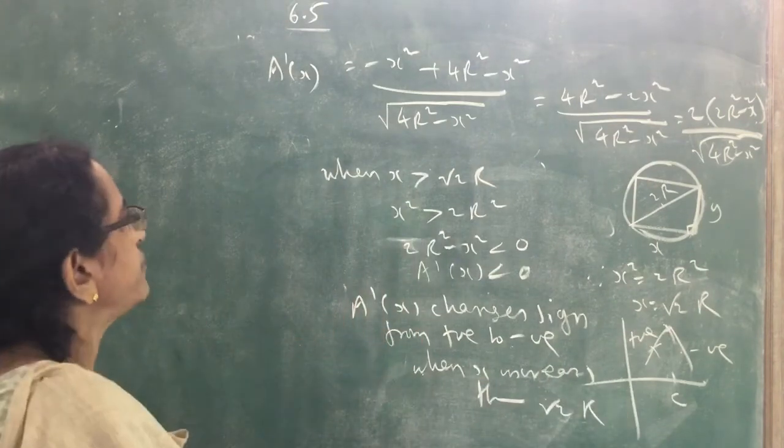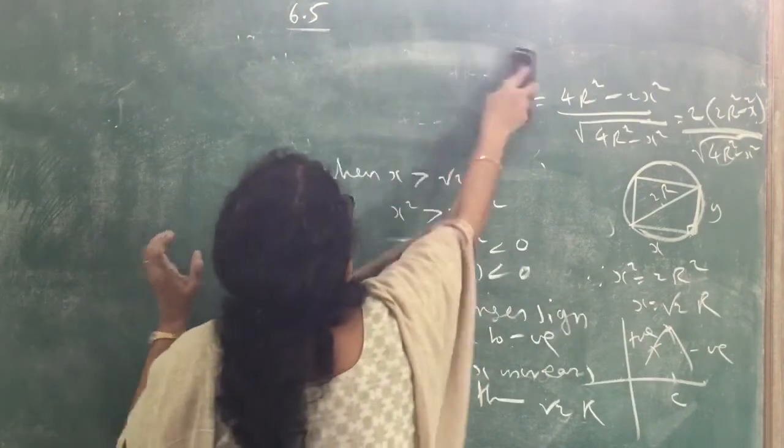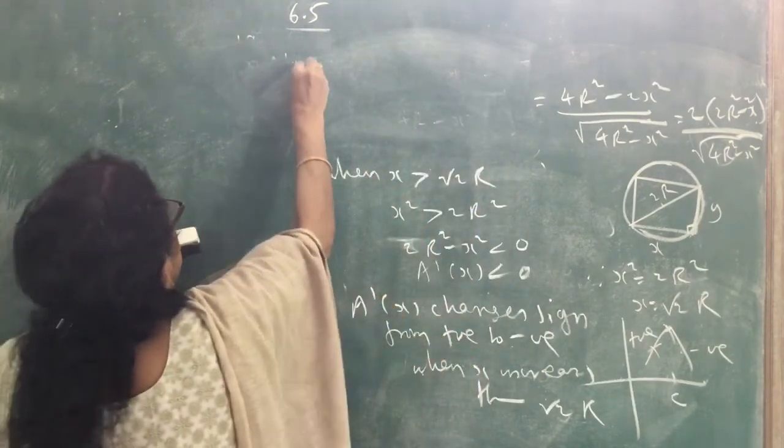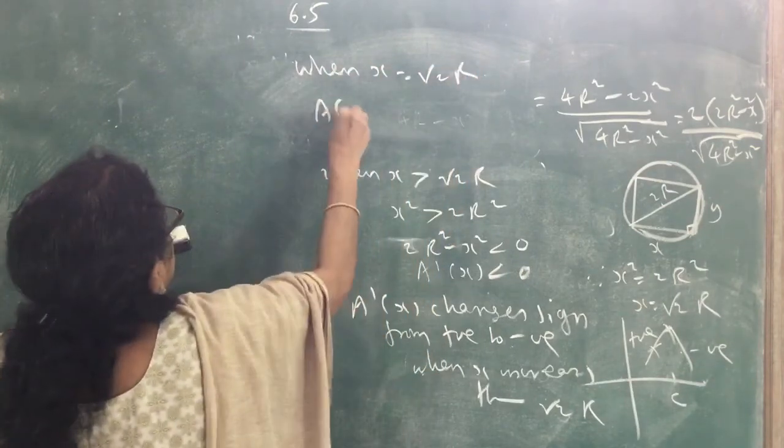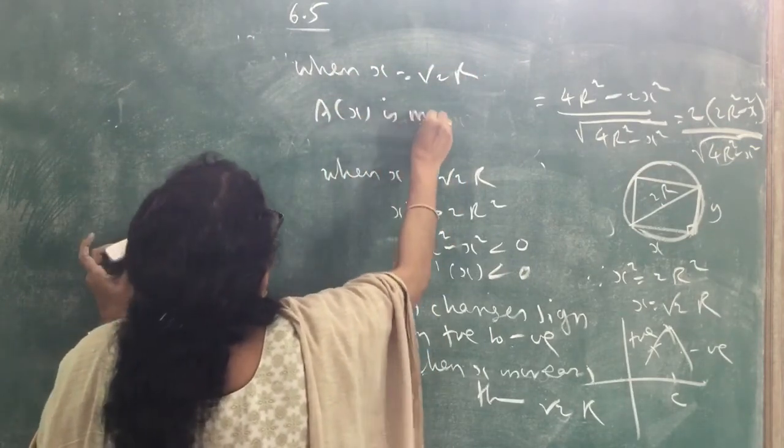Therefore, when x equal to root 2r, the area is maximum.